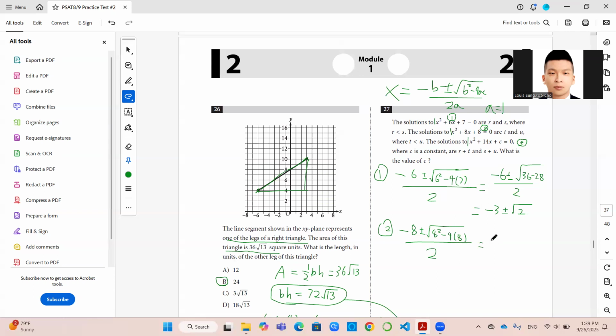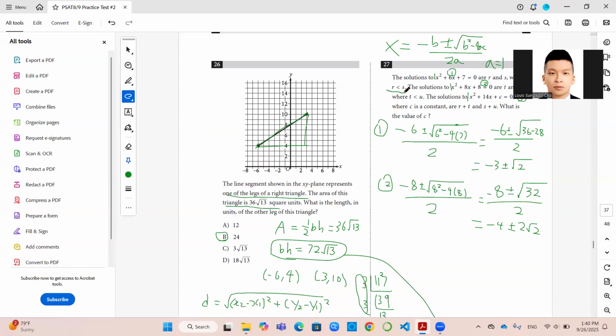This is equal to minus 8 plus or minus the square root of, what's 64 minus 32? That is equal to 32. This is equal to minus 4 plus or minus 2 square root 2.